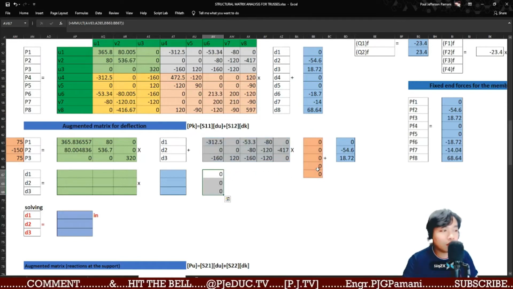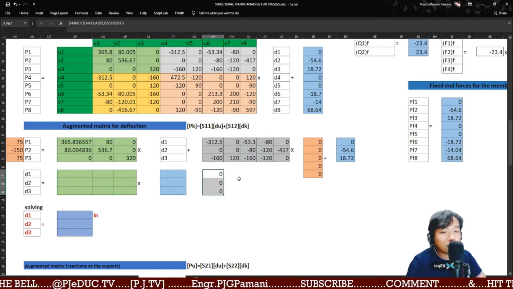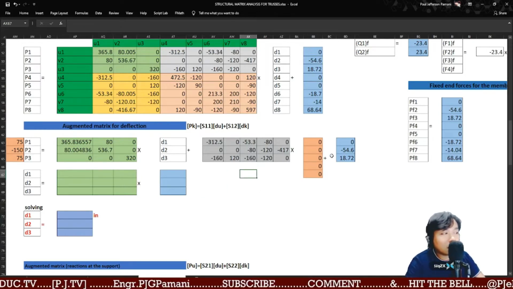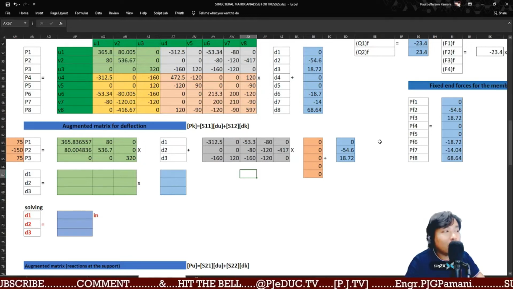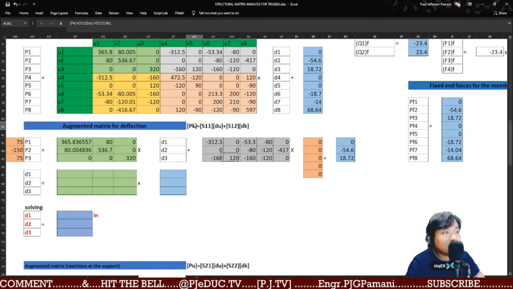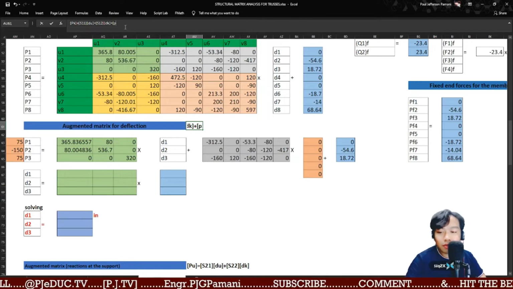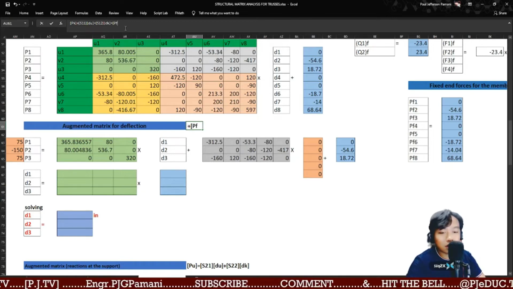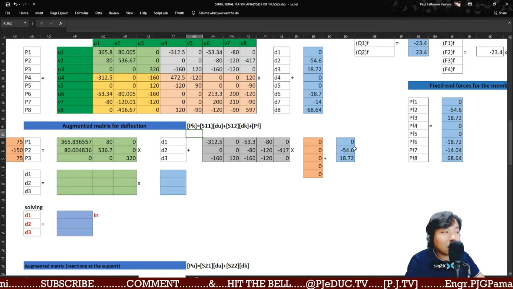Control Shift Enter. That is definitely equal to 0. So, tanggalin mo na. Hindi na natin kailangan. So, ito na lang matitira. Si P1, P2, and P3 equal to S11 times DU plus the, kalimutan kong ilagay dito, plus the PF forces, or the additional forces due to the change in temperature.